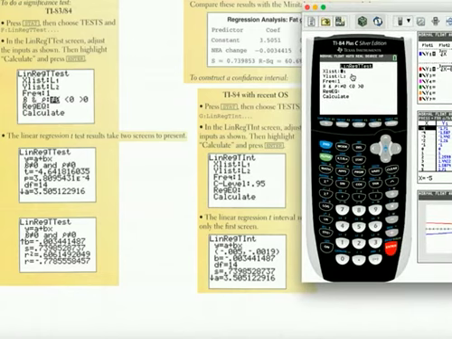So then you can see we're going to use X as L1, Y as L2, keep the frequency. This time we want to change this to not equal to. This stands for beta and alpha. So then you'll just hit calculate.